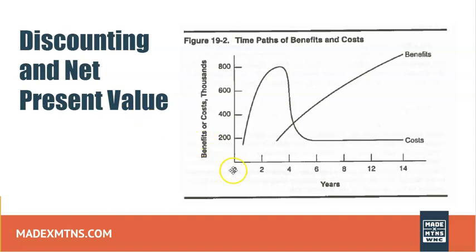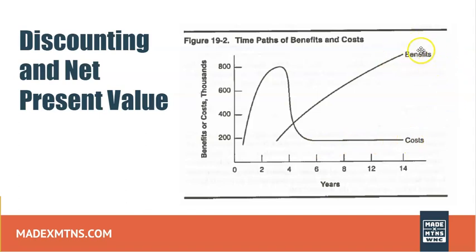On the horizontal axis, we're measuring this in years, and the cost might be large in the beginning when the project is being constructed or getting off the ground, and then those fall, and we might have operation and maintenance costs that are fairly low and constant over time.